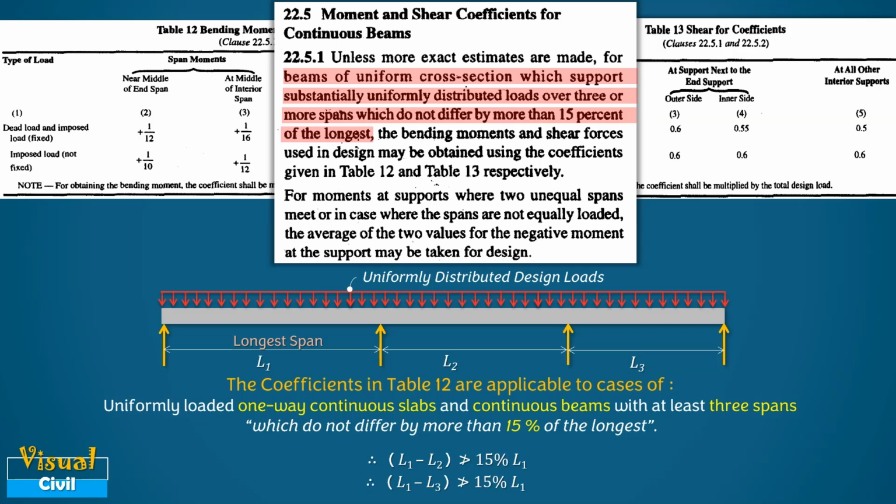For negative moments at a support where two unequal spans meet, or in cases where the spans are not equally loaded, the average of the two values at the support may be taken for the design. It should be noted that the moment coefficients have been derived assuming unyielding supports. Hence, the use of these coefficients is justified only if the supports are walls or beams that are adequately rigid.